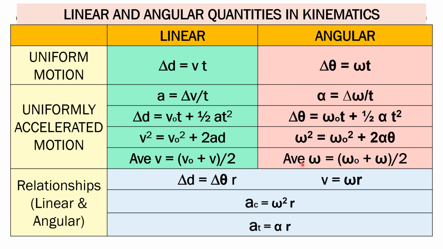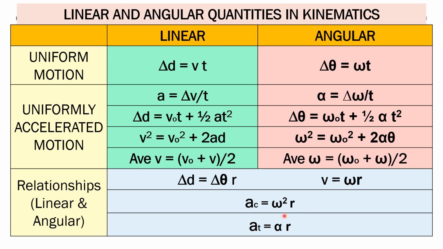You also have the relationship between linear and angular quantities, such as delta d and delta theta. The angular displacement is related to the linear displacement or distance by the equation delta d equals delta theta multiplied by r. Similarly, the linear velocity or speed is related to angular velocity or angular speed by v equals omega r.